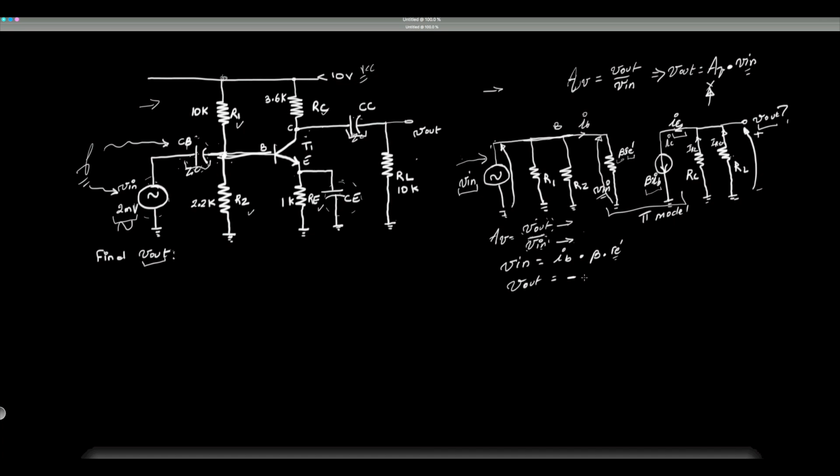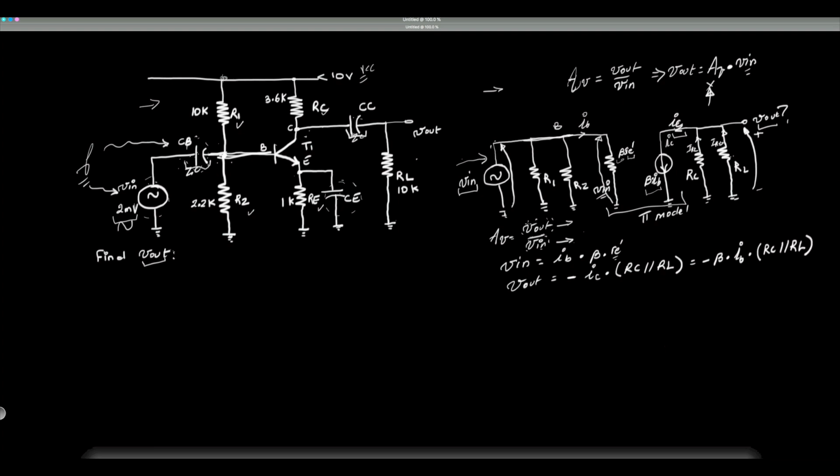And based on Ohm's law, it still is IC times RC in parallel with RL. Okay, well, what else can V out be equal to? Well, that's minus beta times IB times RC in parallel with RL.